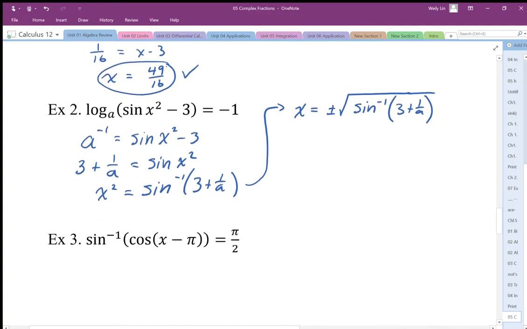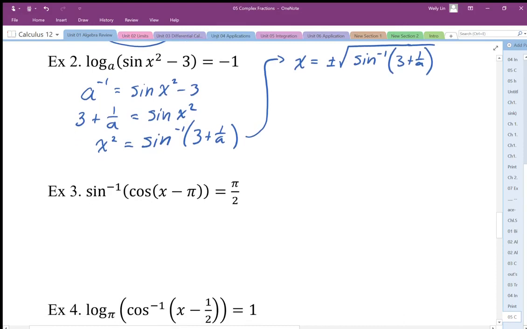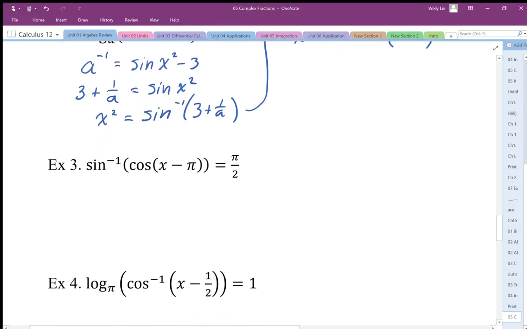Same thing here. We need to start inversing these things. So the inverse sine equals pi/2. That means the inside function, since the inverse gives me an angle, must be the ratio. So what ratio gives me pi/2?